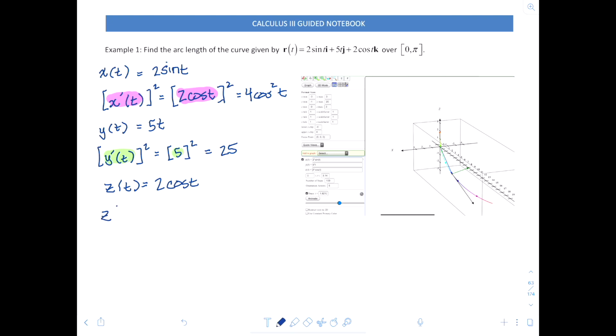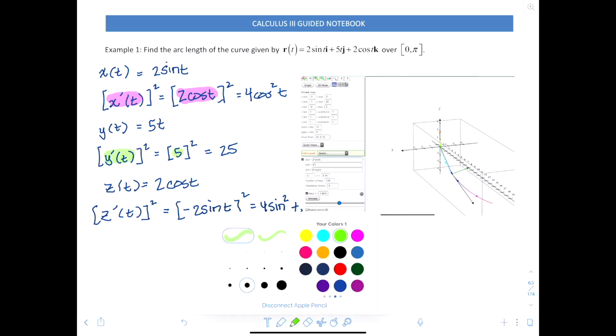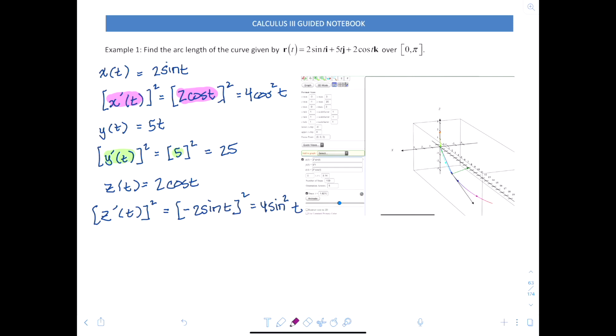So z prime at t, the quantity squared, will be, awesome, negative 2 times sine t, the quantity squared, which is positive 4 sine squared t. And z prime at t was this.